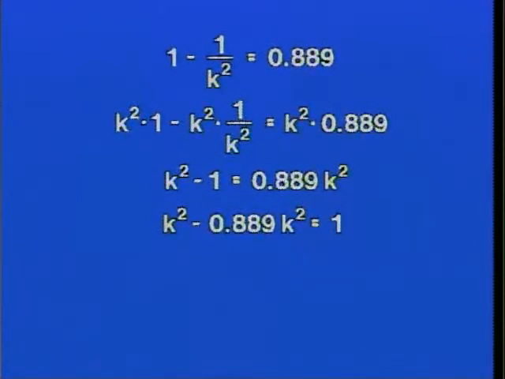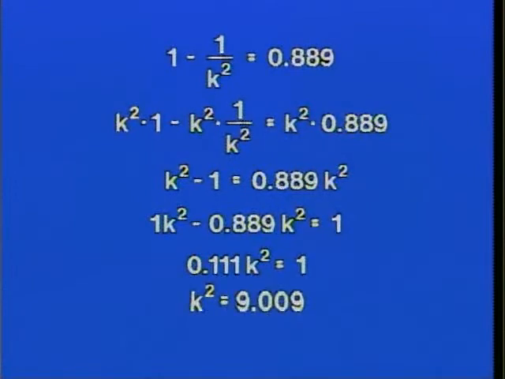Now we want to collect the terms involving k squared, and we need to remember that that leading k squared is really 1 k squared because we're collecting coefficients. It's 1 minus 0.889, and that gives us 0.111 k squared. And then dividing on both sides by 0.111, we find k squared to be 9.009. And then taking the square root on both sides, we find k to be 3.